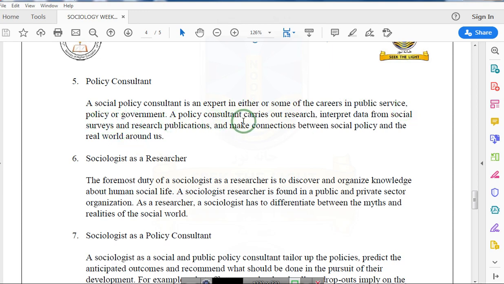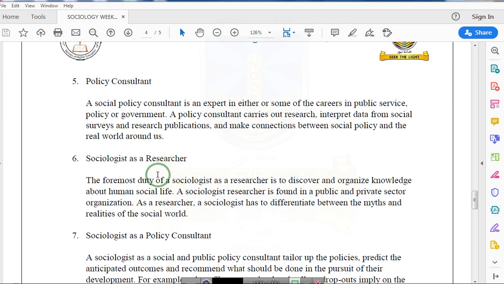A policy consultant carries out research, interprets data from social surveys and research publications, and makes connections between social policy and the real world around us. A policy consultant can work at the government level, at the non-government level, for a profit or not-for-profit organization. It can be purely academic or utilitarian, or a blend of the two brands of research.